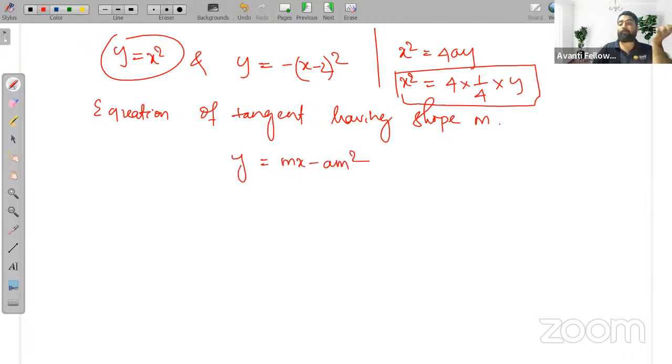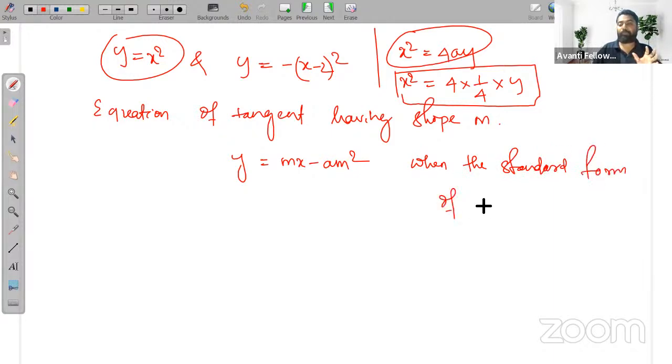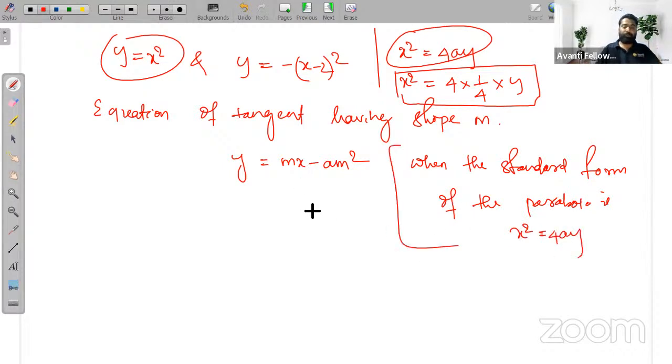Remember, when the standard form of the parabola is x square is equal to 4ay, then the equation of tangent will be y is equal to mx minus am square, right?